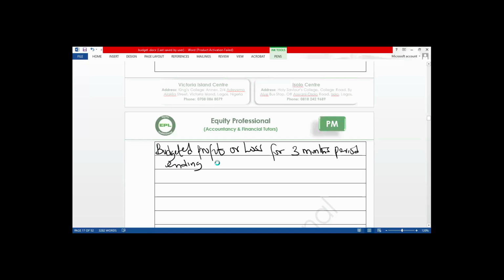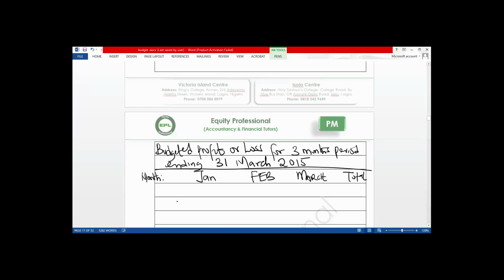You are going to start with the months. I have the month of January, I have the month of February, I have the month of March. Then you are going to have the total.